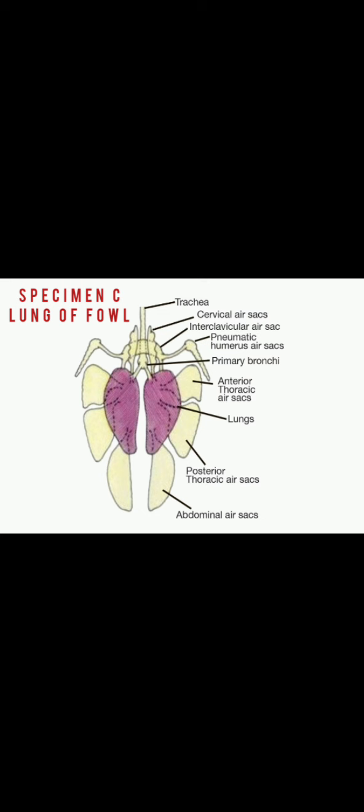fowl. Now we're going to start by naming the organisms where specimen A, that's gill, and lung are obtained. Gill can be found in tilapia, catfish, or any bony fish, while lung can be found in goats, cow, fowl, guinea pig, or any mammal.